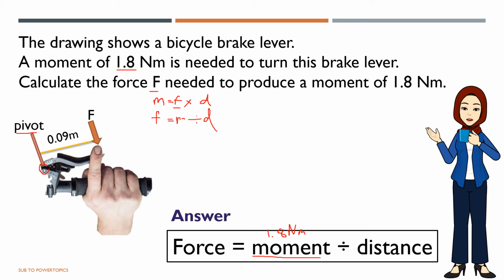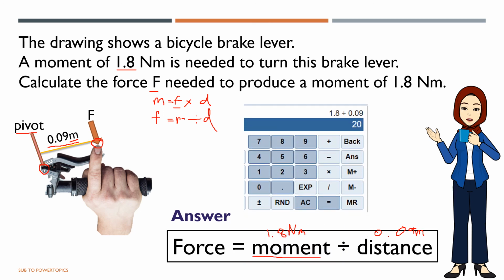So the distance from the pivot to where the force is acted is 0.09 meter, which is 9 centimeter, but we use the unit meters here. So the distance is 0.09 meter. So now we divide and we'll get 20.